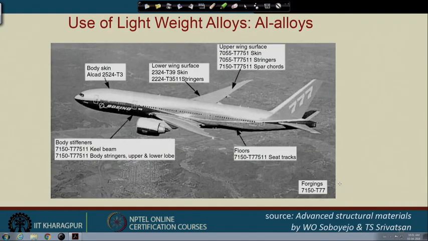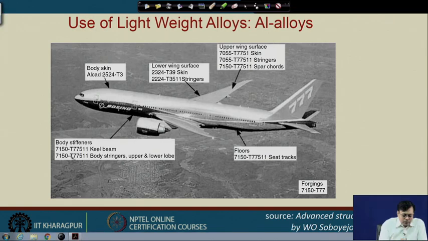If you have a look at any of these aircraft, let us say this is a Boeing 777, you can see that starting from the body stiffener to body skin to lower wing surface, here the upper wing surface and floor and forgings, all of these are titanium alloys, aluminum alloys.